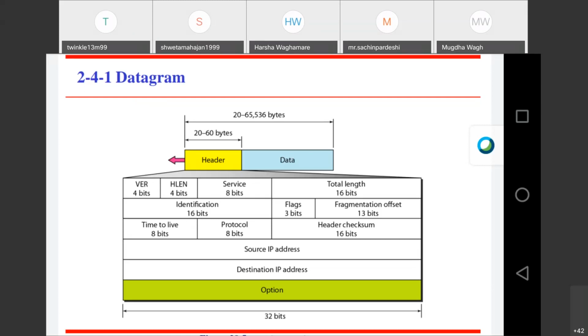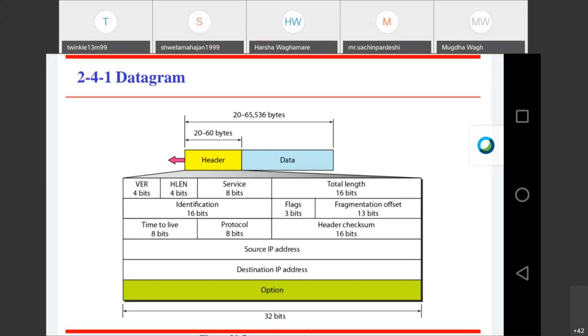Now we'll see the IPv4 datagram. In the IPv4 datagram, the header size varies, which is 20 to 60 bytes. So in IPv4, the header is not fixed.